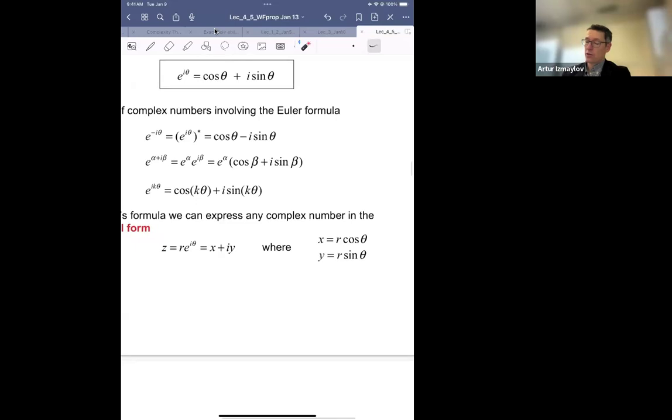Where this is useful is to present complex numbers, instead of x plus i y, as r times exponent of i theta, where x and y are functions of r and theta, right?